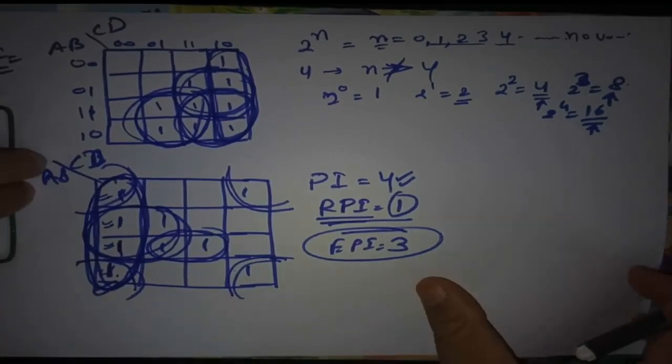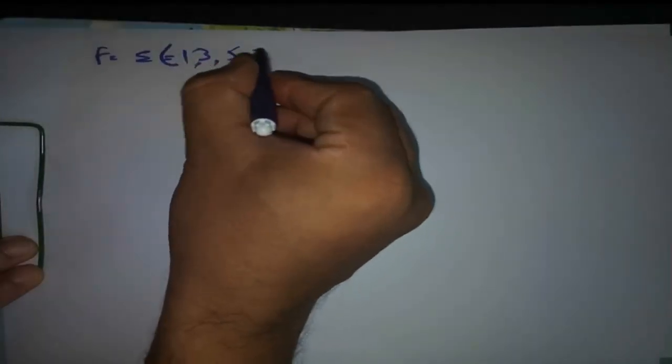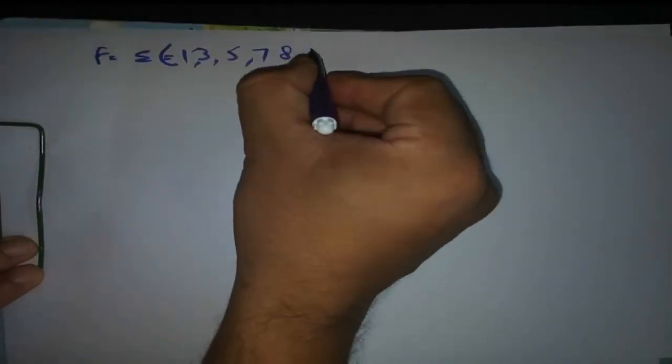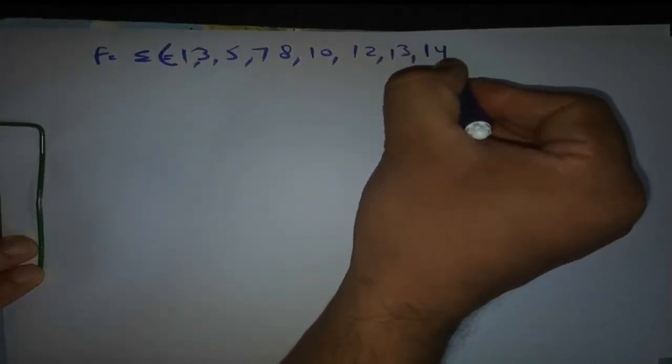Now take another example. Suppose we have a function f equal to sigma 1, 3, 5, 7, 8, 10, 12, 13, and the last one is 14.